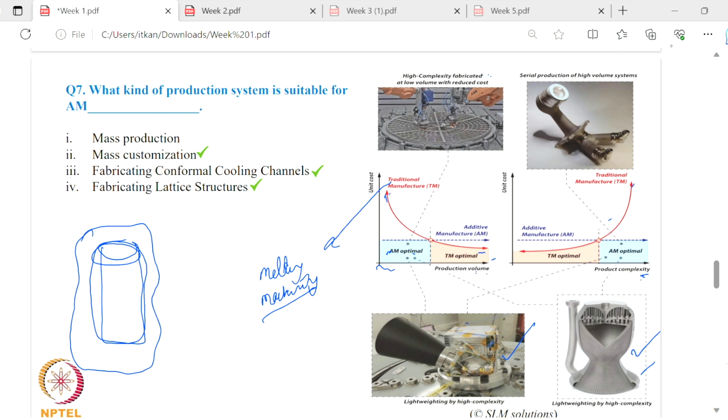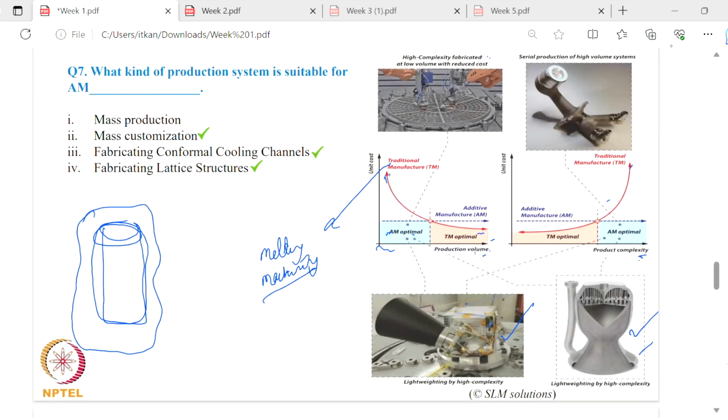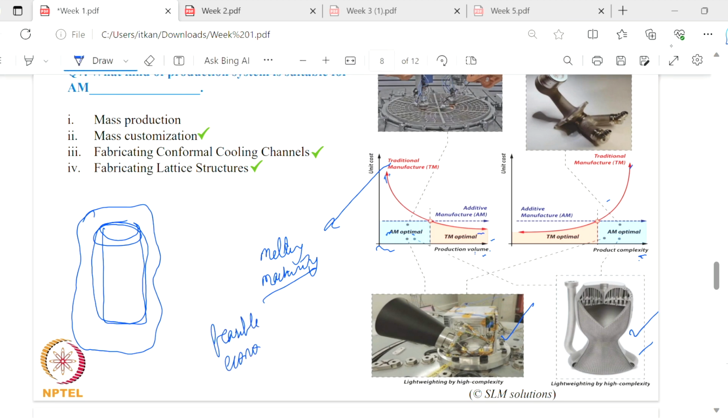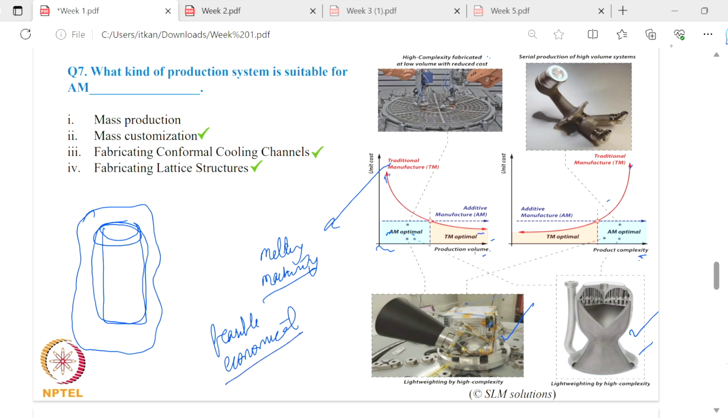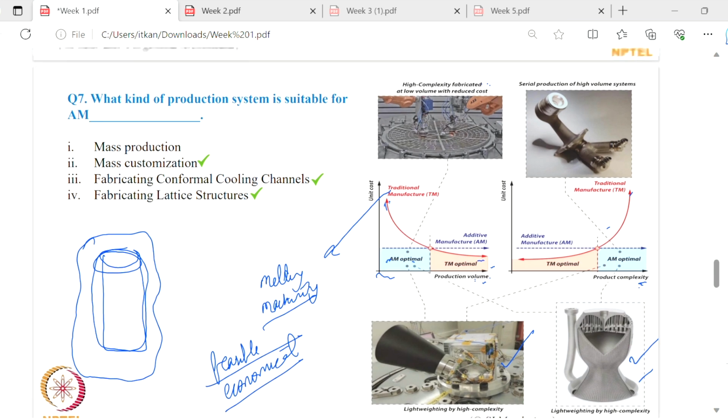But when our production volume is more but cost is more, then we should go for traditional manufacturing. So we have to see the feasibility and what is economical. All these things we have to notice.